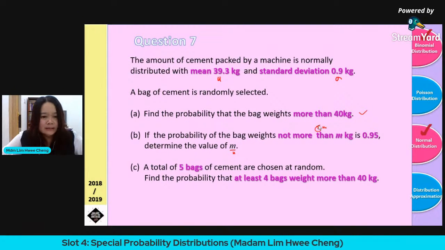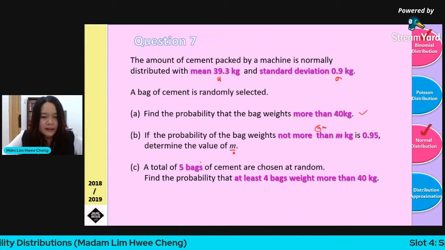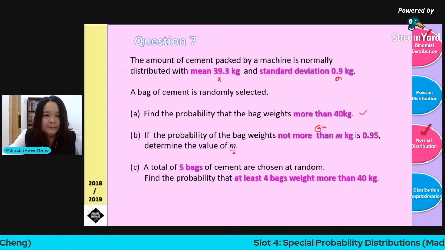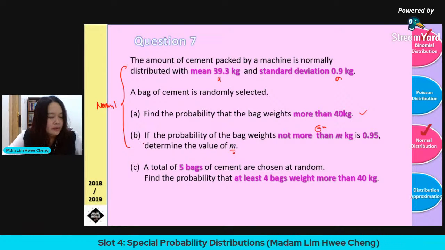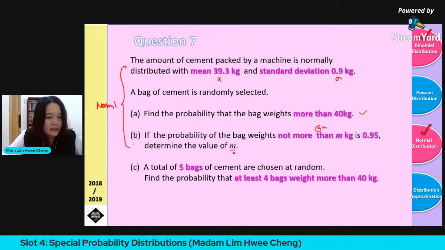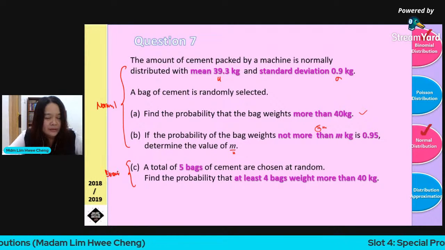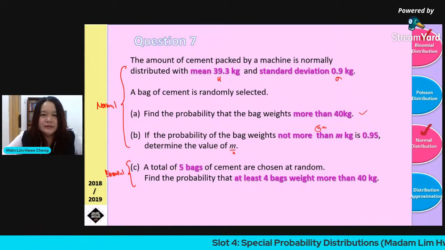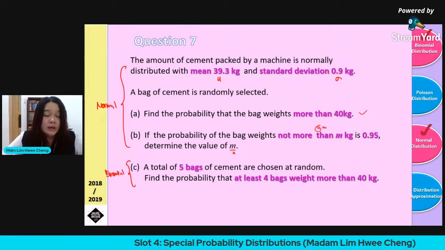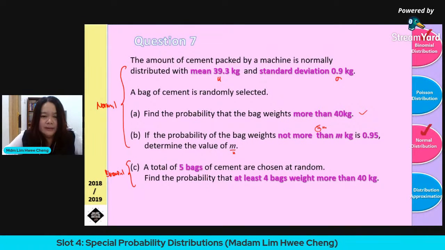And see, a total of 5 bags. You will notice they seem to change the distribution. The above part is normal, but part C here changes to binomial. They switch the situation to binomial: 5 bags are chosen.